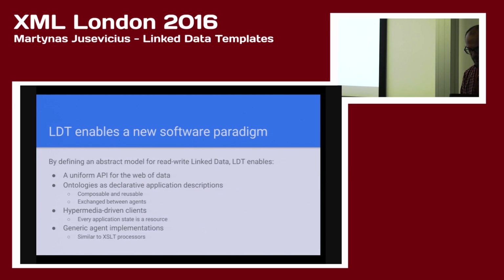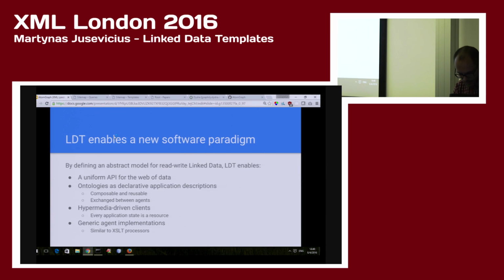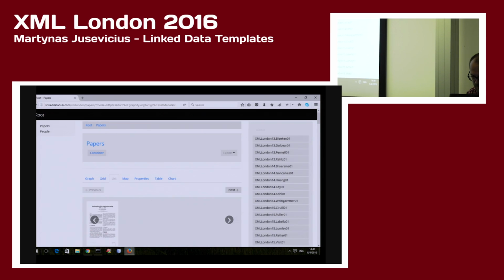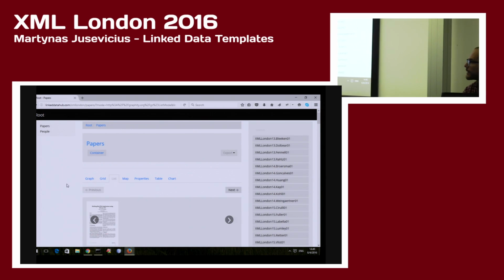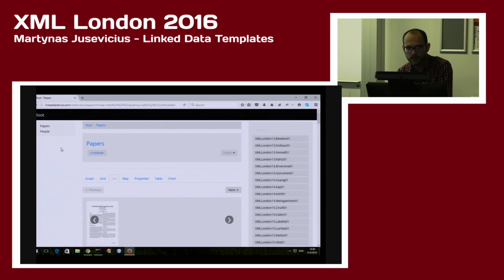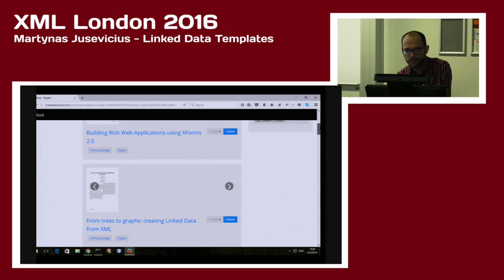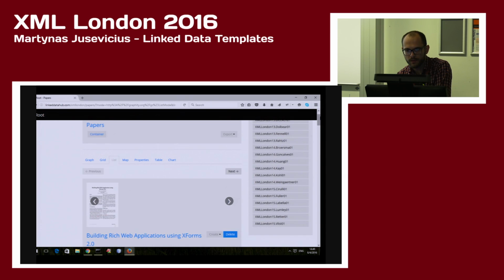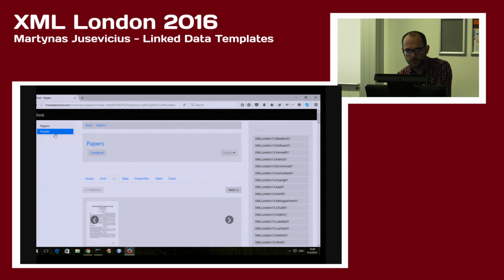Okay, I'll try to do the demo now, see how that goes. I did a sample application using the XML London data, and created two containers. One is for the papers, and the other one is for people.